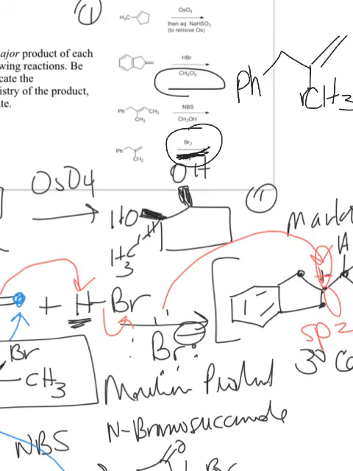Okay, so now you have this alkene and you have bromine. And the reason why this is important is because this is going to show you that alkenes make a bromonium ion. So let's see what that looks like. This is that carbon.